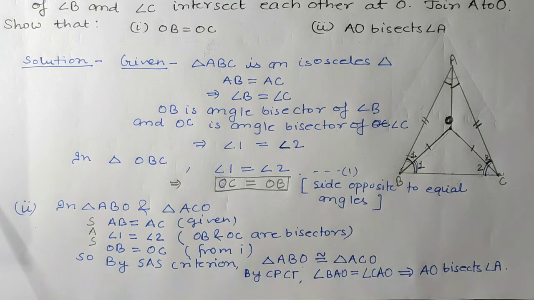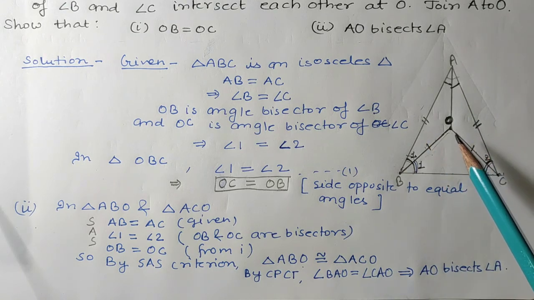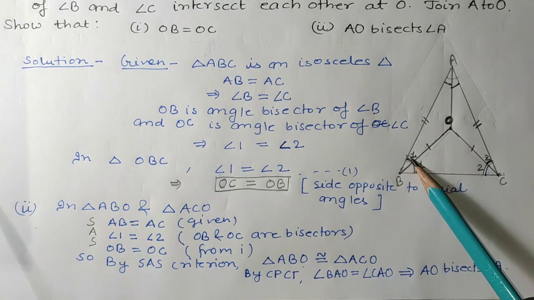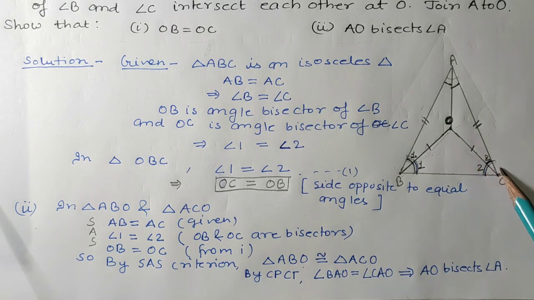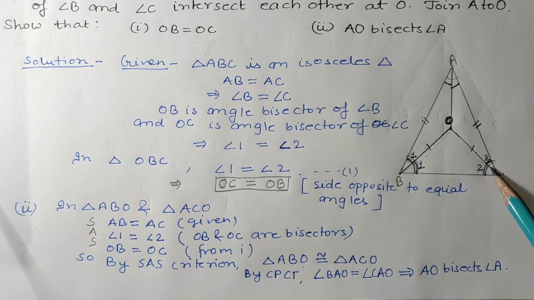Okay, stepwise you can think what we have done. See one more time. Firstly, it was given that this triangle is an isosceles triangle. So if it is an isosceles triangle, means the side AB is equal to AC, then the angles opposite to the equal sides, that is angle B, is equal to angle C. If BO and CO are their bisectors, then their half angles will also be equal.